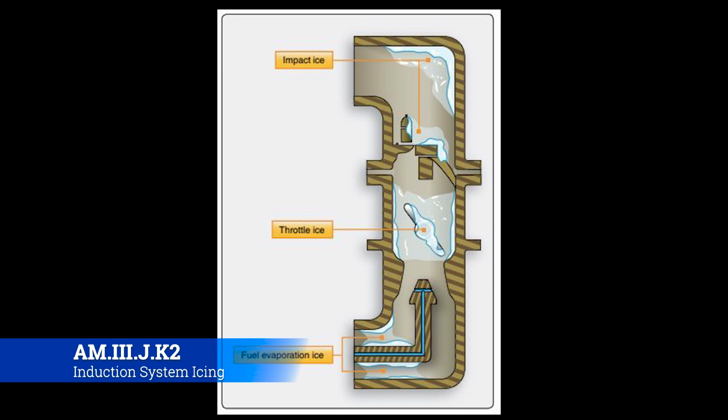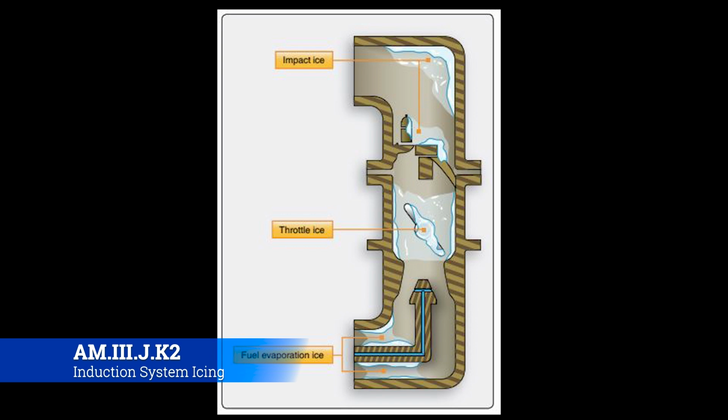The last one is fuel evaporation ice. Now this one's probably, out of all of them, the least common because as long as you have the correct gas in there and you've sumped the tanks and all that good stuff, you shouldn't have a whole lot of moisture in your gas.